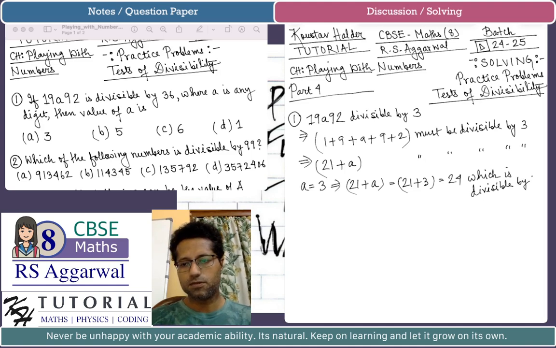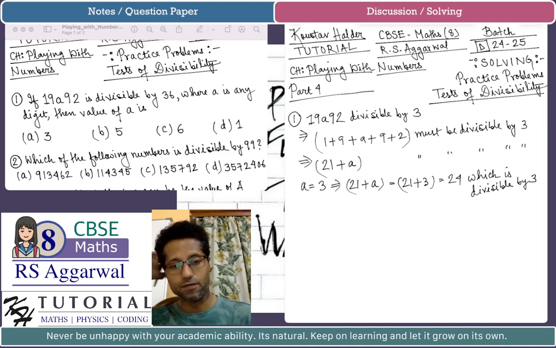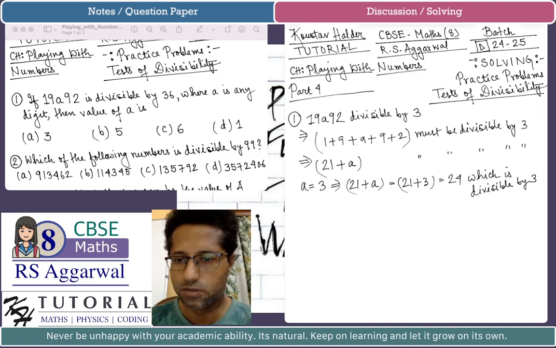If you take 5, then 21 plus 5 is 26, not divisible by 3. If you take 6, 21 plus 6 is 27, which is also divisible by 3. If A is 1, then 21 plus 1 is 22, which is not divisible by 3.